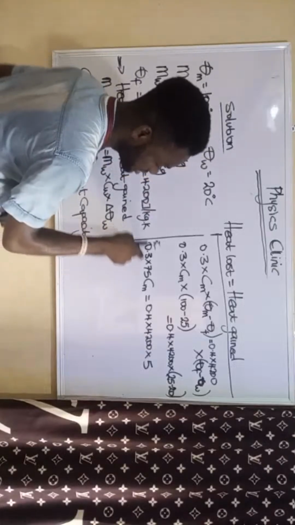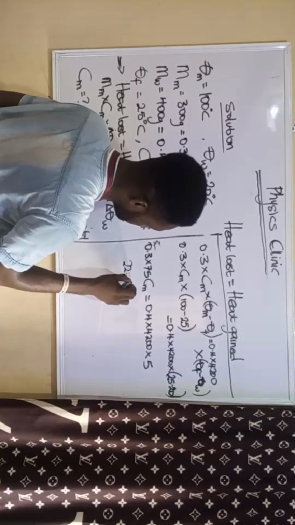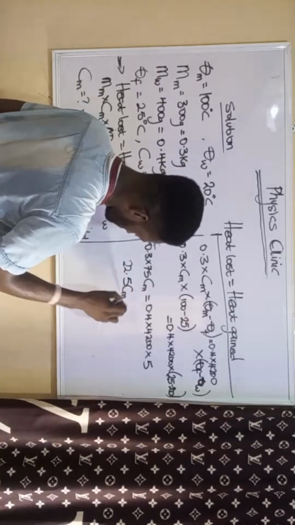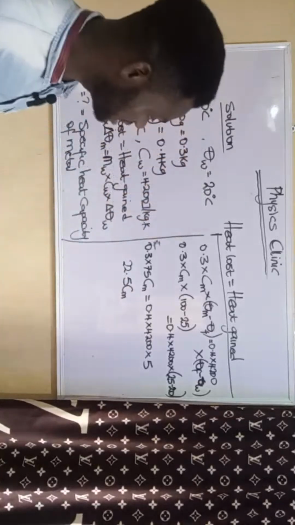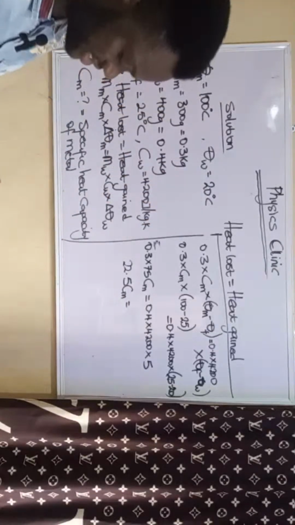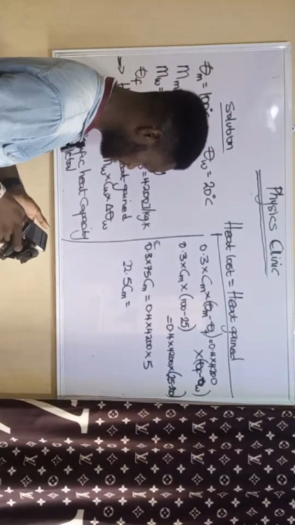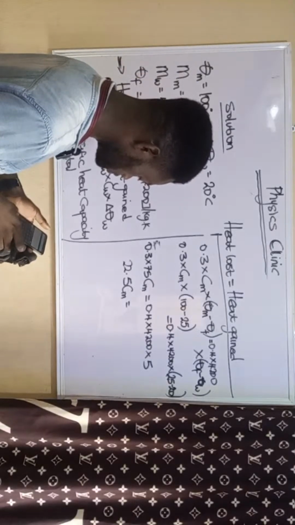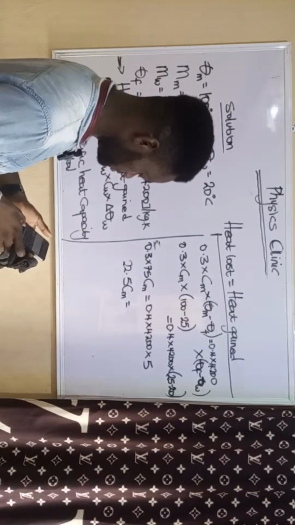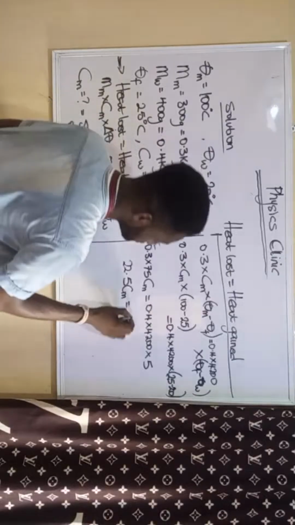Yes, 0.3 times 75 is 22.5 cm. This is equal to the right hand side, 0.4 times 4,200 times 5. That gives us 8,400.